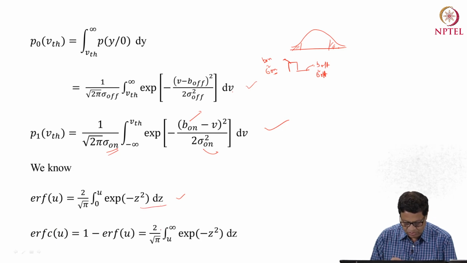The limits are changed. In case of error function, it is 0 to u, but when I say complementary function, the limits are from u to infinity. So for example, this is 0 to u, and if I take 1 minus, then it becomes u to infinity, this part.